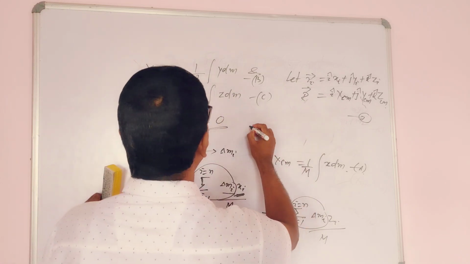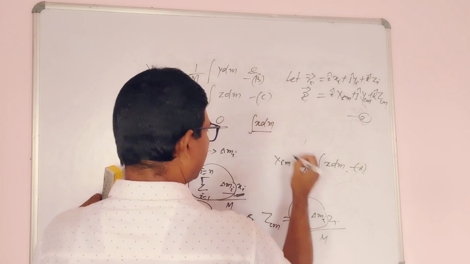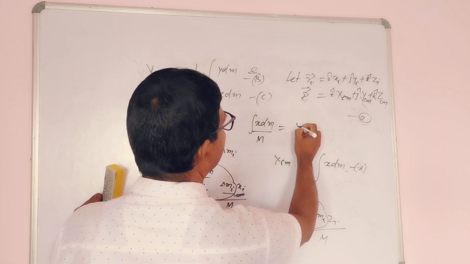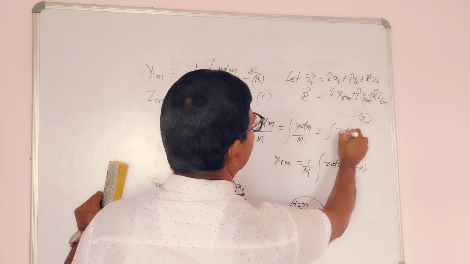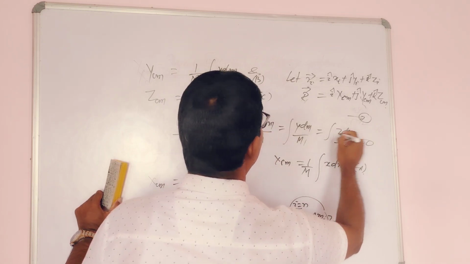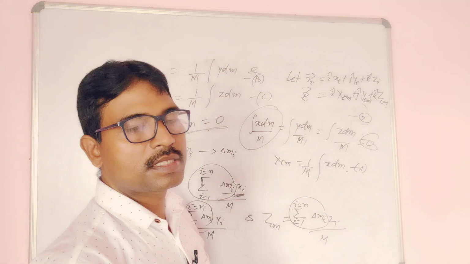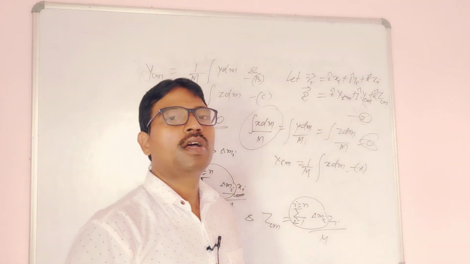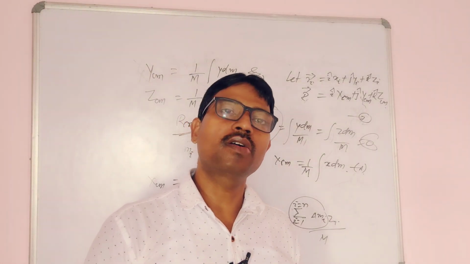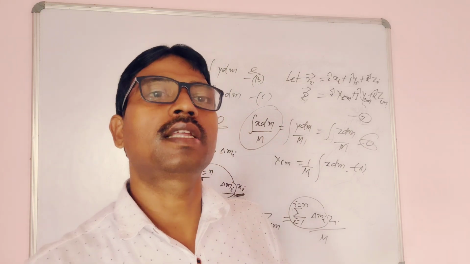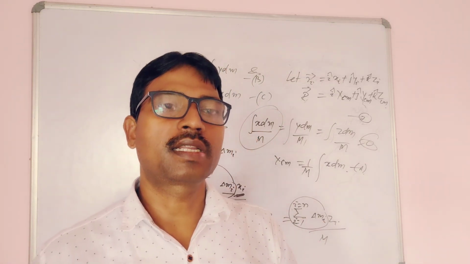Then the integral of x dm divided by M, y dm by M, and z dm by M all become 0. You will apply this formula in that case, and then you can easily calculate the center of mass of different bodies.